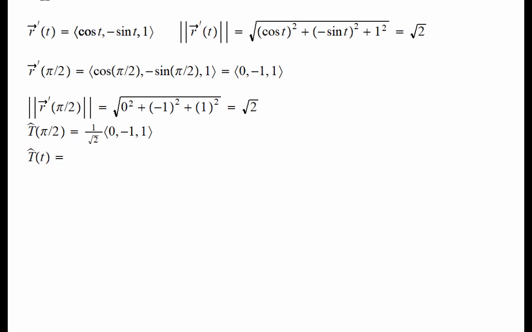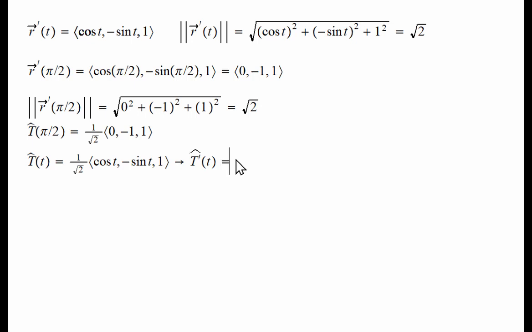We would do this: take the reciprocal of the magnitude of r prime t, and multiply it by r prime t. Then how do we obtain N(t)? We'll just go ahead and take the derivative of capital T with respect to the parameter t.